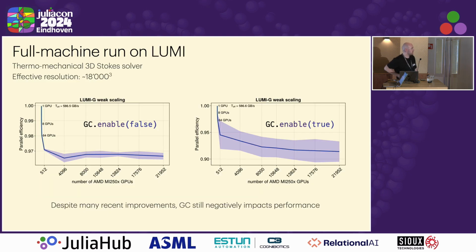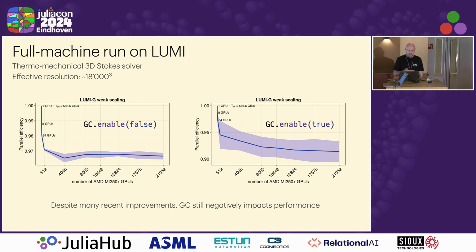Recently we managed to run the thermo-mechanical 3D Stokes solver on a full machine. They gave us 6 hours just to test stuff, and we ran it at an effective resolution of 18,000 cubed grid points. We were surprised to see that if you enable the garbage collector, with Julia 1.9 the efficiency would drop very quickly, not to 0, but to 1%.